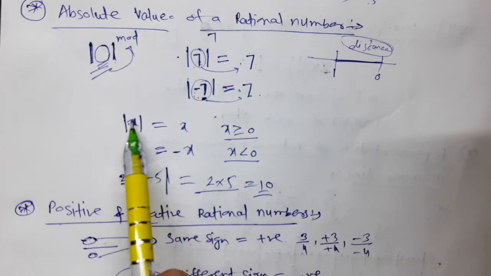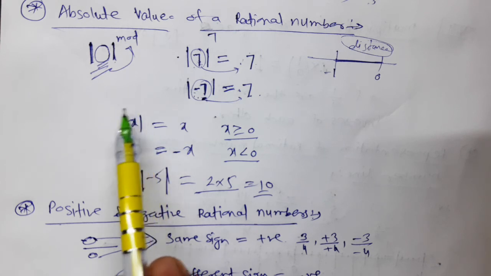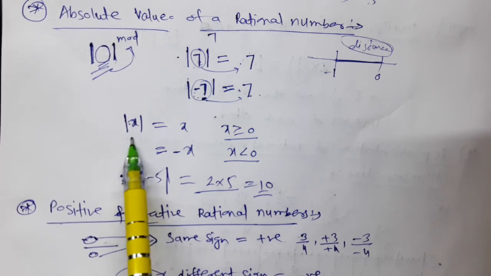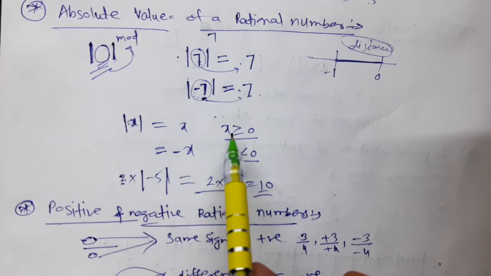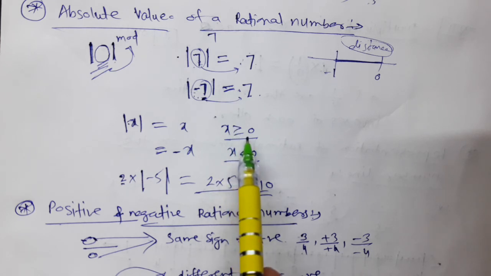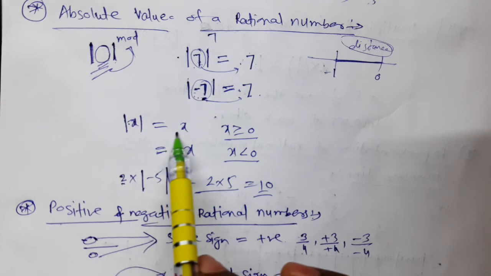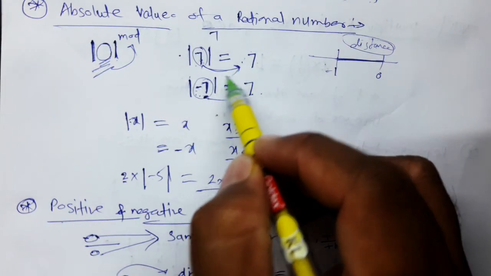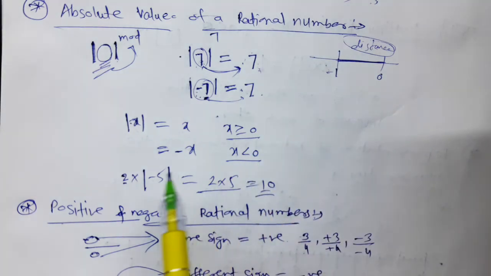Now there is a definition for absolute value. Mod of x: suppose x is a number and we have to find the absolute value of x. If x is positive or equal to 0, then we place it as it is, as here we have put 7 as it is.